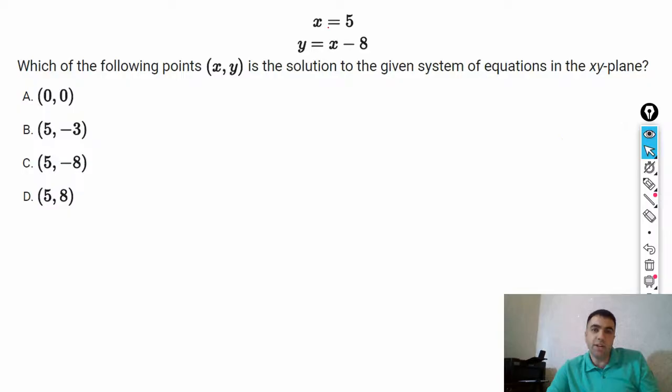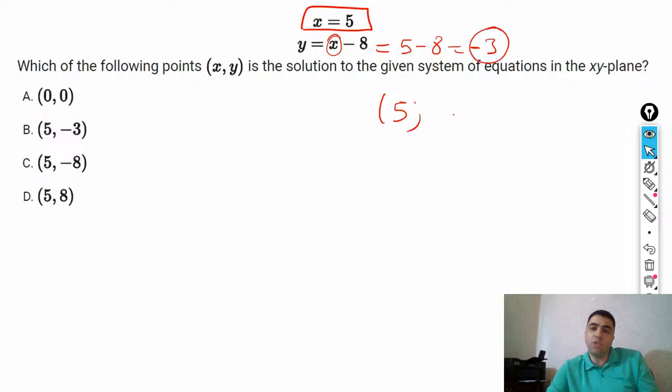If x is equal to 5, then we write 5 minus 8, and that is equal to -3. So we know x is equal to 5 and y is equal to -3. So this is B.